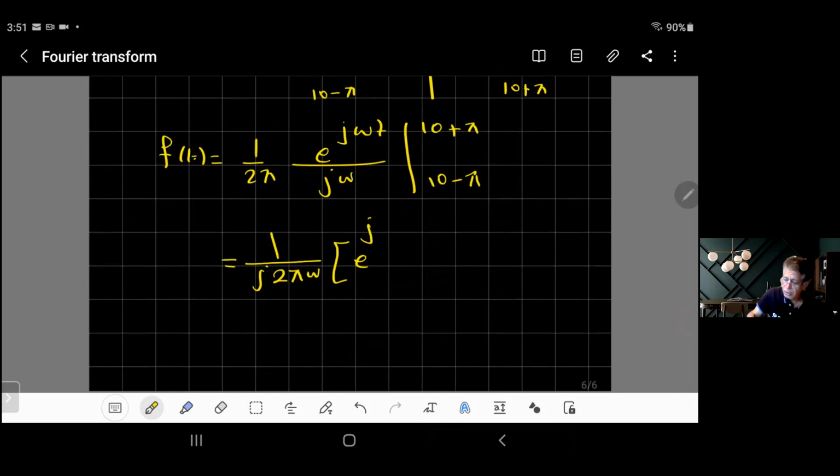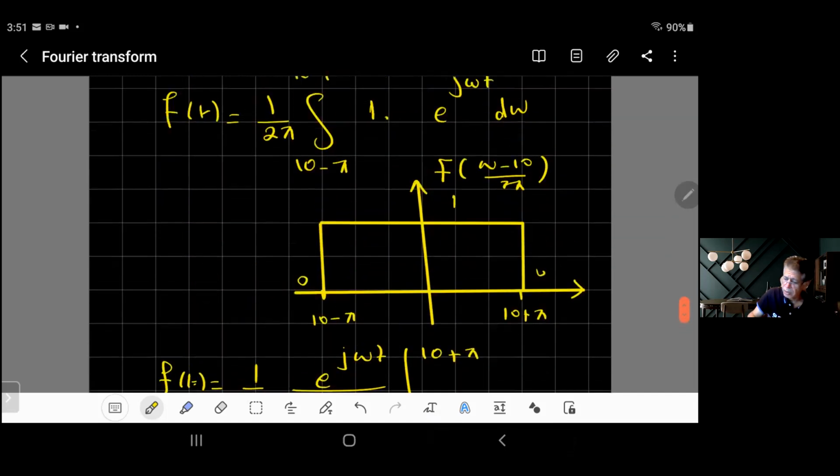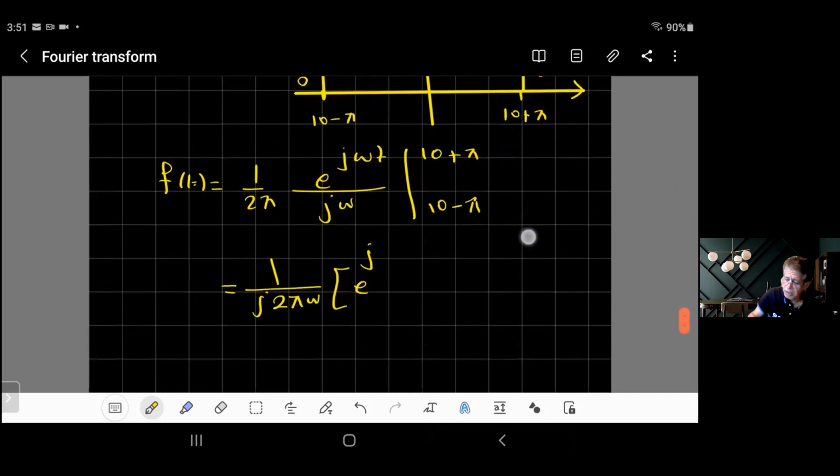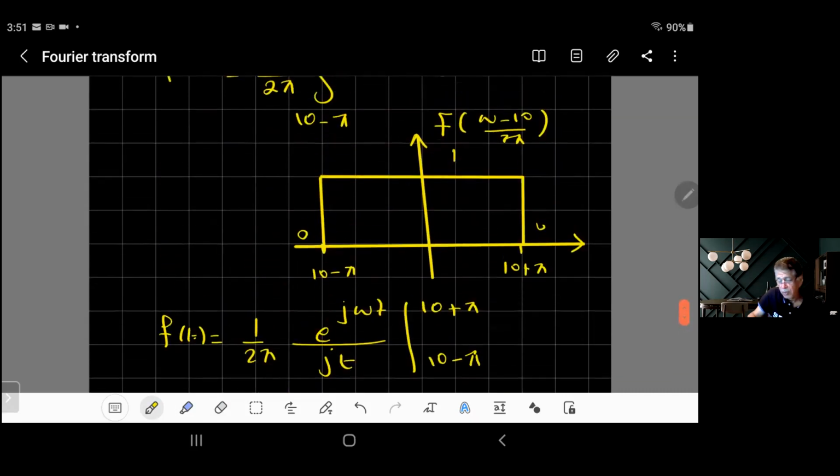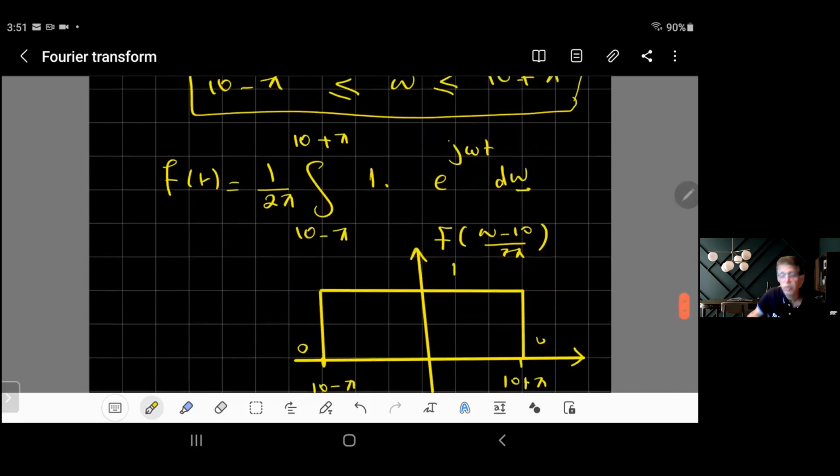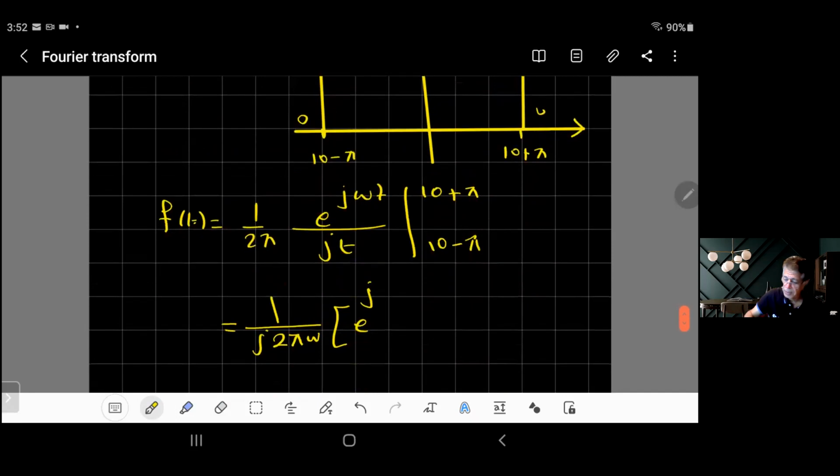You have to remember we are integrating with respect to omega, so t will be constant with respect to omega.